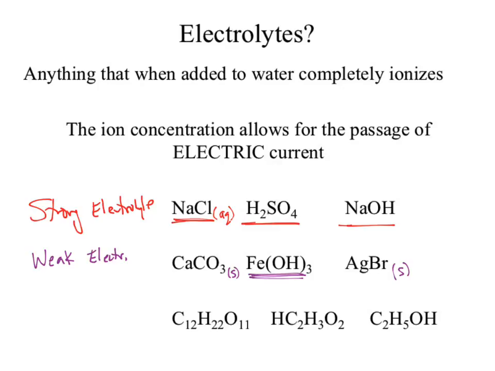Last ones. These are particularly irritating. Acetic acid. If it's an acid, what does that mean? We would expect it to ionize, right? But then why wouldn't I have put that up in the strong or weak electrolytes?